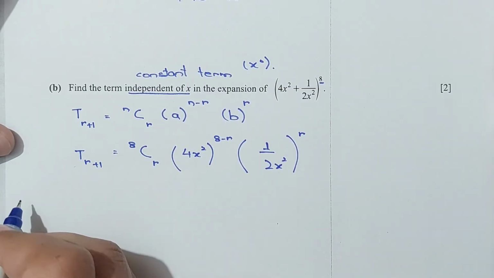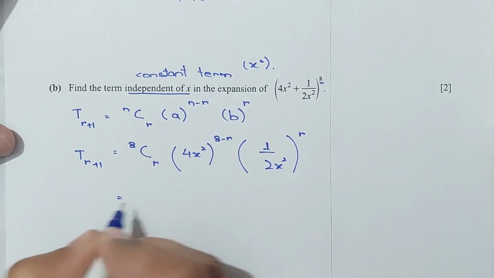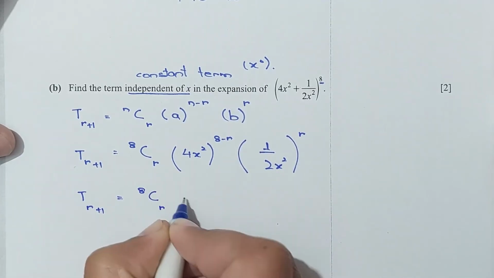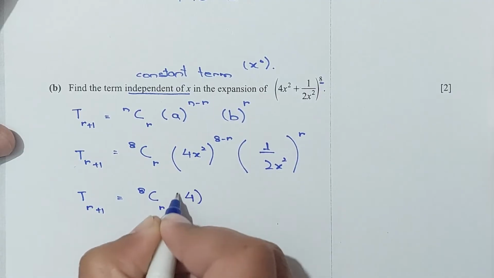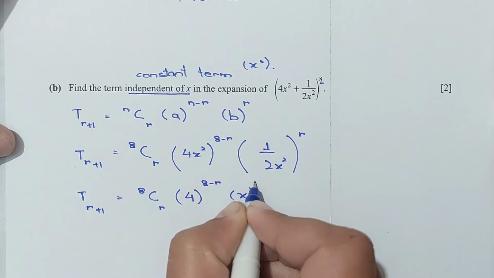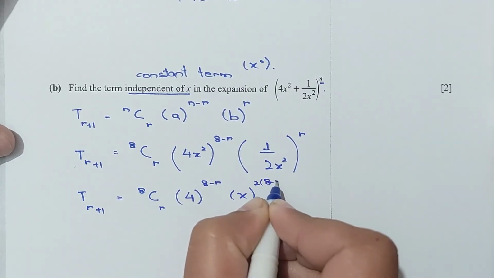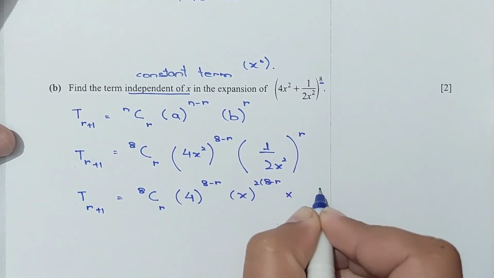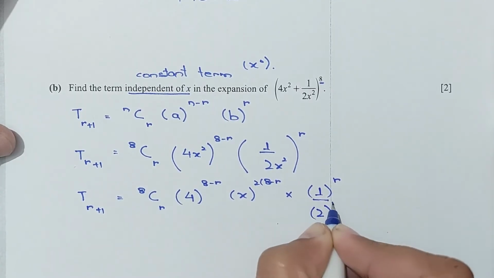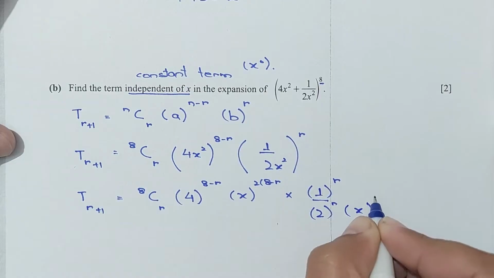We have to solve for it. Let me simplify this further. t r plus 1 is 8 c r, 4 to the power 8 minus r, x 2 to the power of 8 minus r, times 1 to the power r over 2 to the power r and x to the power 2r.